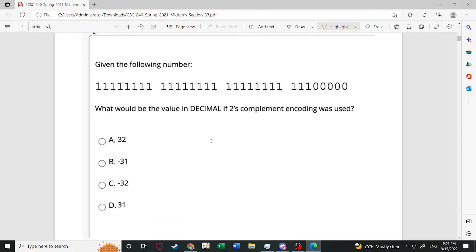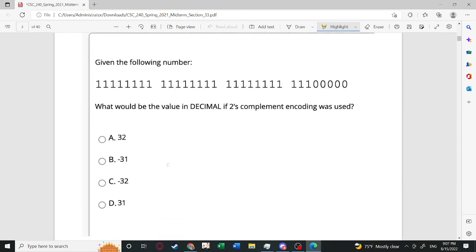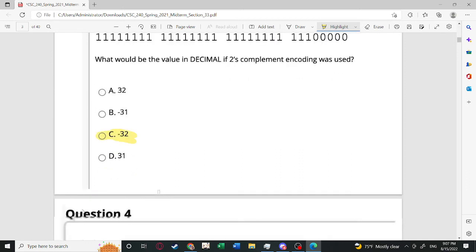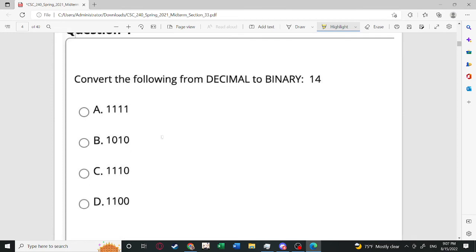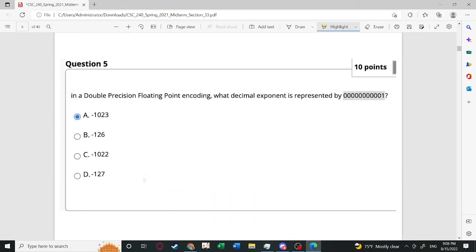Let's see. This one is negative 32. This one is 14. So 14 is. This is 15. Right? This is 14. This one is C, not A, C, because there's a 1 at the end.